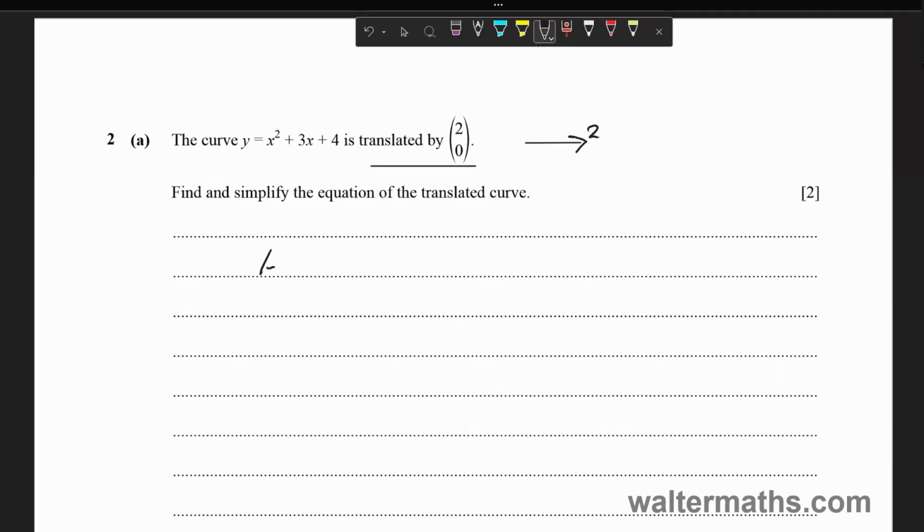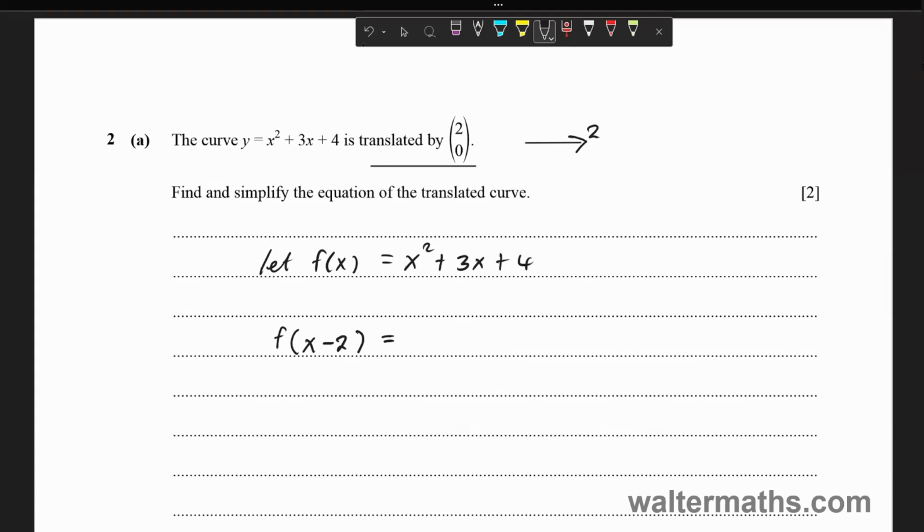If we let f of x be equal to x squared plus 3x plus 4, then after this translation we should have f of x minus 2. This is how we represent a translation of 2 units to the right.